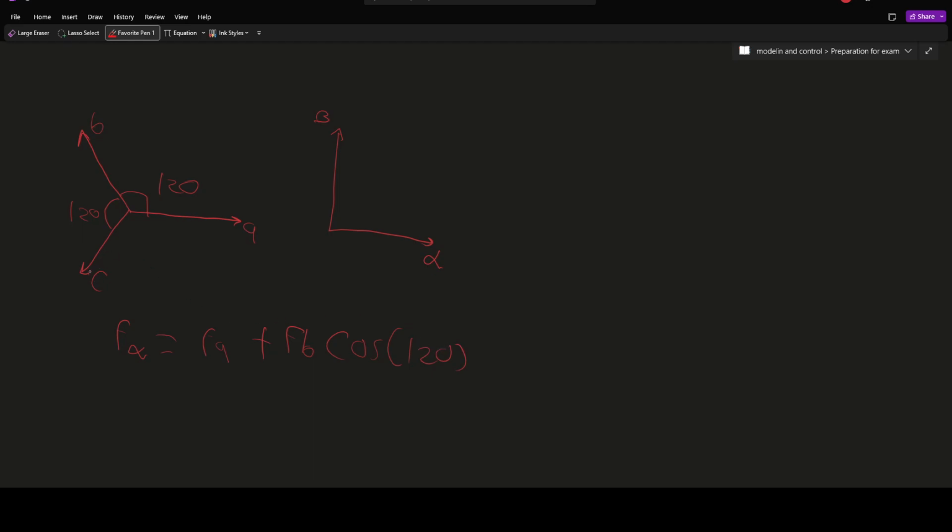And similarly, this phasor C, we multiply it by cos of 240 to have it projected in alpha.